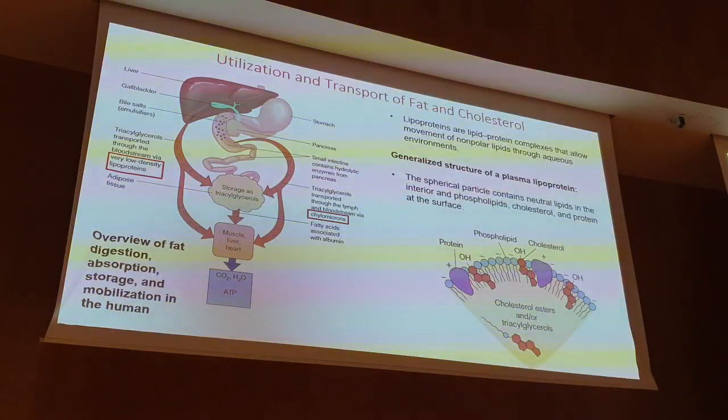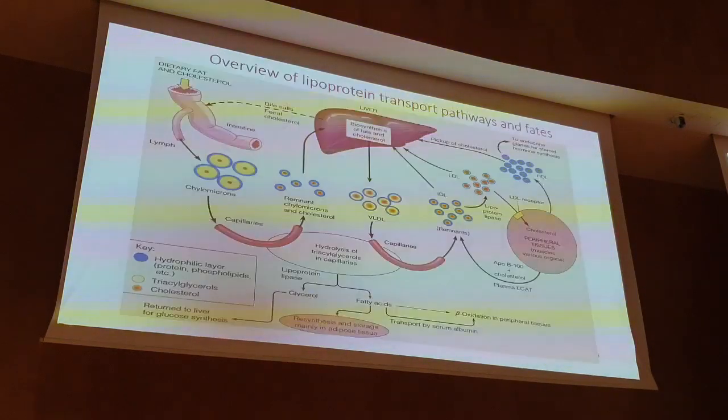Now, if you look at these lipoproteins that are flowing in blood, this is what you will see. Start off with the intestine on the left-hand corner, okay, and you can see your chylomicrons. Just to help you along here, follow the colors. The blue on the outside, can you see the blue? That would be the protein, okay?